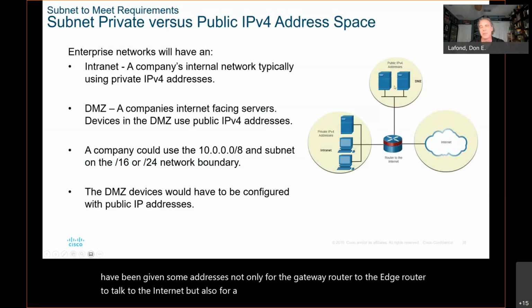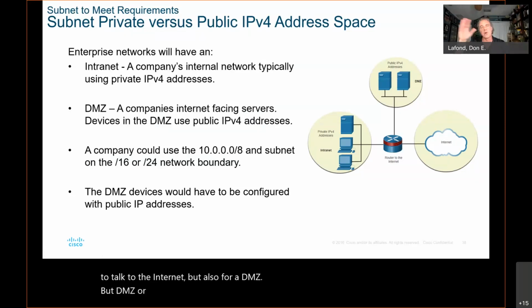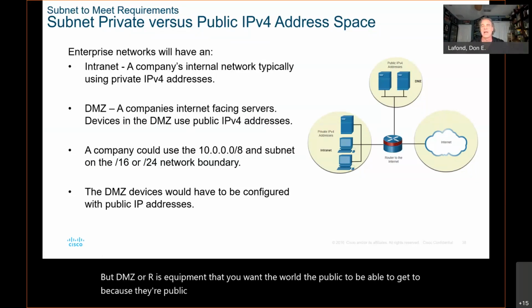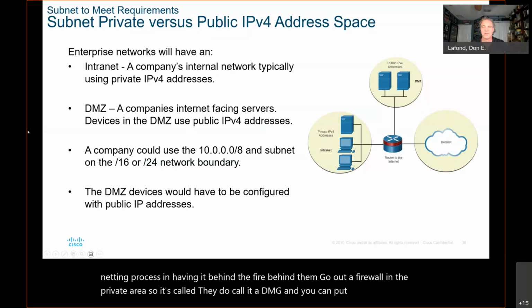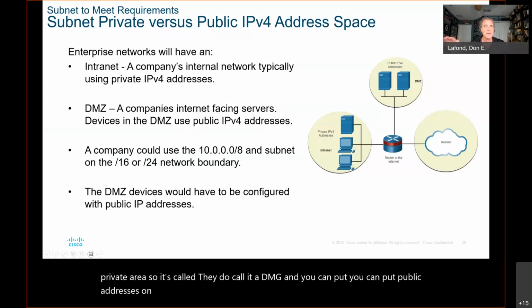DMZ is equipment that you want the public to be able to get to because they're public addresses, like servers, without having to go through the NATing process and having it behind the router firewall in the private area. They just call it a DMZ, and you can put public addresses on these devices. That's all they're talking about there.